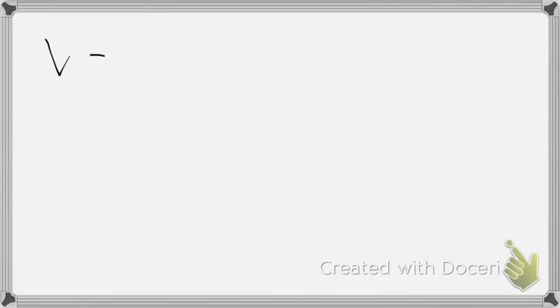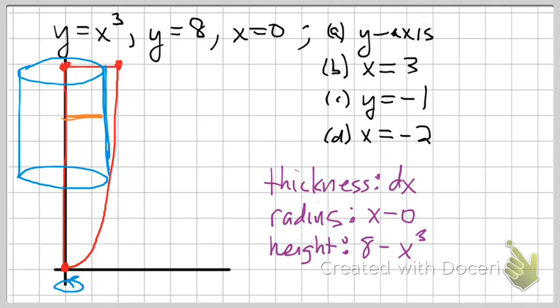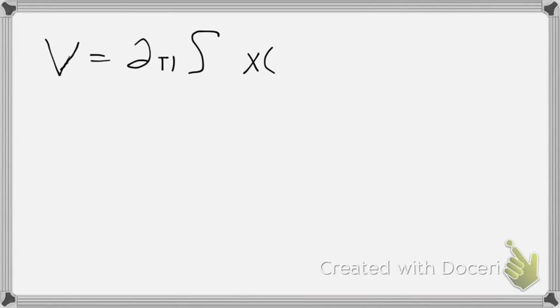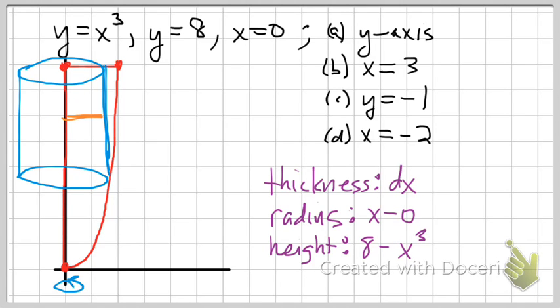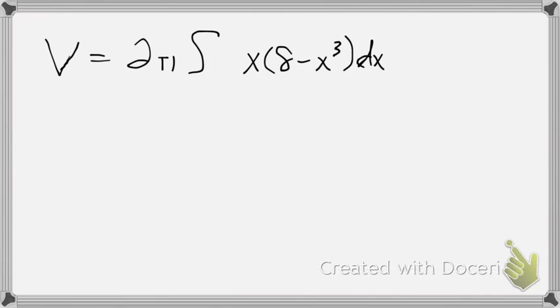So volume for a shell method is 2 pi times radius times height. So it's going to be 2 pi times x times 8 minus x cubed dx. Radius times height, 2 pi. Your limits of integration, they got to be x values, so 0 to 2.